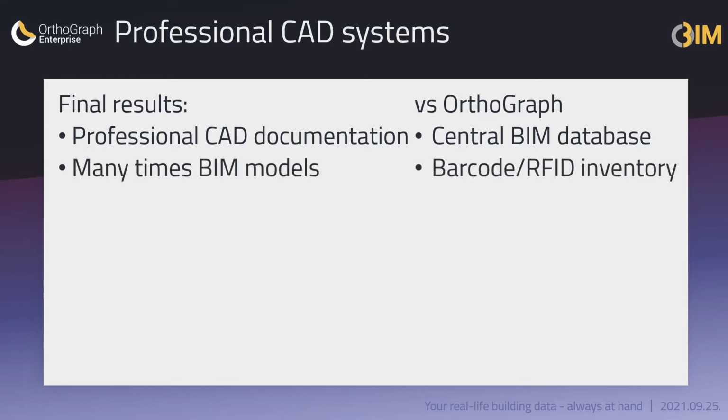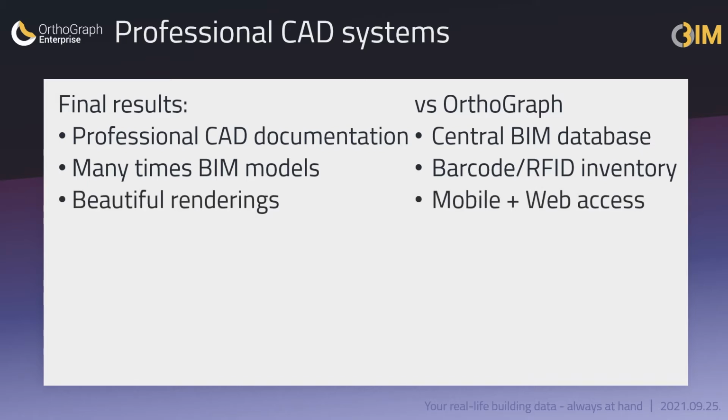The better systems like Revit or AutoCAD are following or even defining the concept of BIM, but they all lack inventory, where assets have unique identifiers, barcodes or RFID tags. The main output is again the beautiful renderings. Mobile and web access to the models are not in focus, they are not instantly available for the models, but even if they exist, then only with a good amount of preparation, rendering and publication.